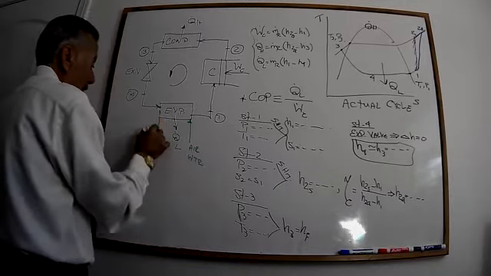So that would be T1 here and T2 here. Of course, we can say T water 1 and T water 2. This way, you don't get confused with any temperature at point 1 or point 2.